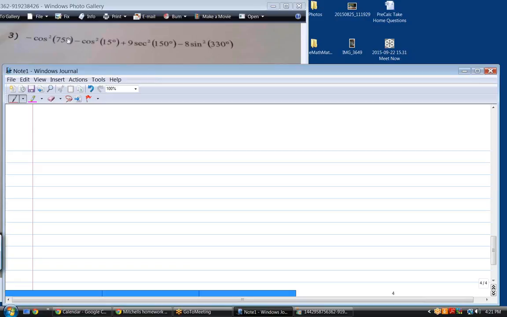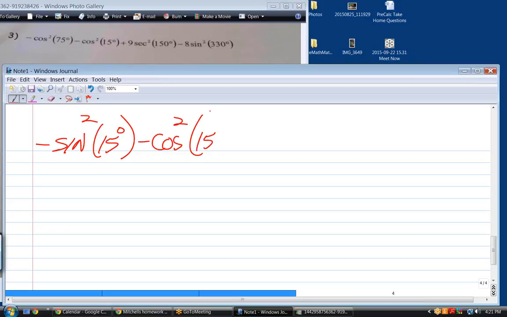Use the cofunction property on that. What do you get? It would be negative sine of 15. Now notice why I'm not trying to turn everything into 15, because what is that I just wrote? It would just equal negative 1.